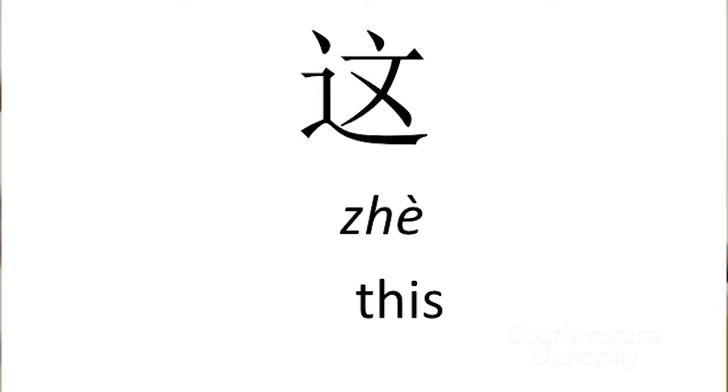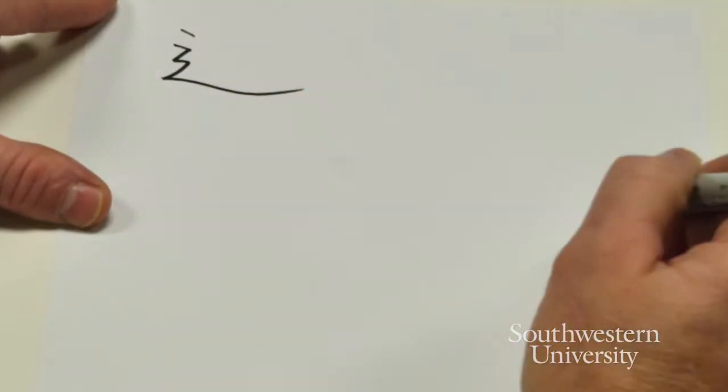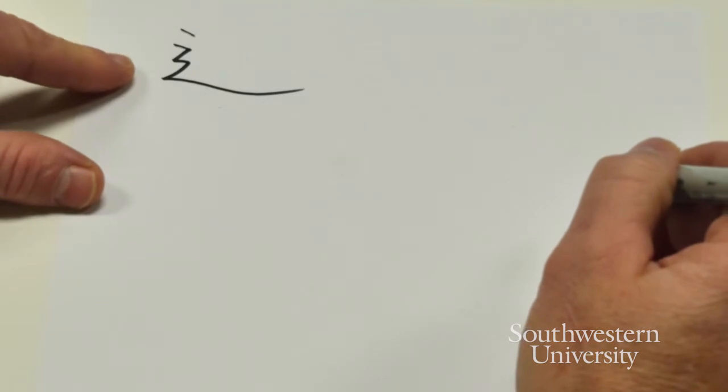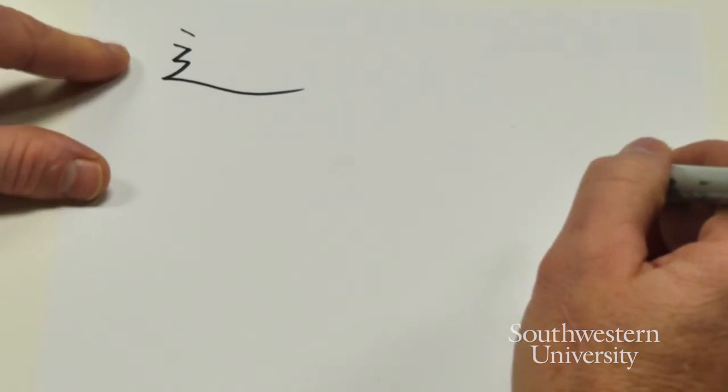The next character is our first example of a radical component that is used very commonly. One student called it the Dragonboat radical, or the Dragonboat component.